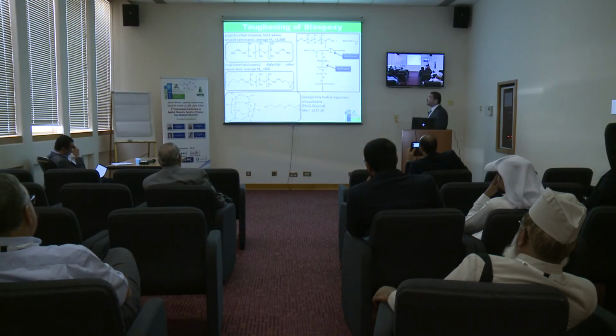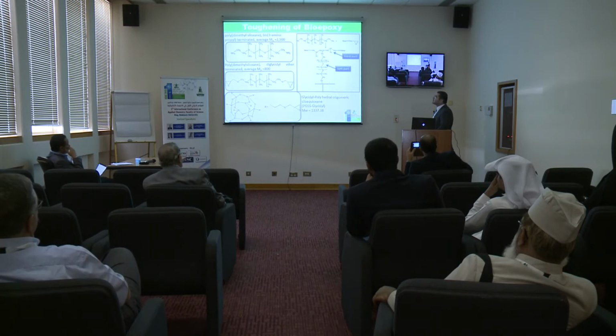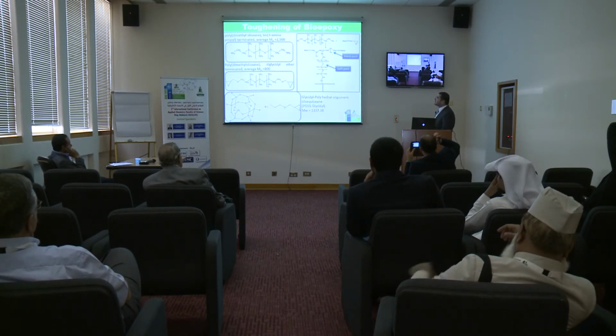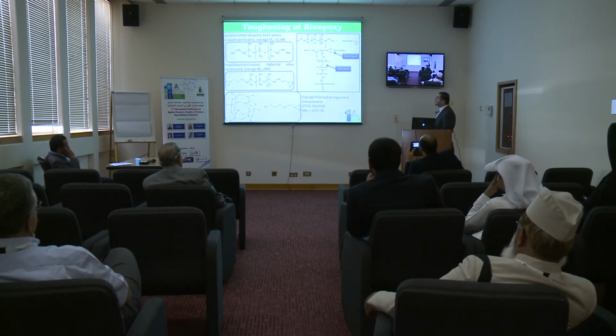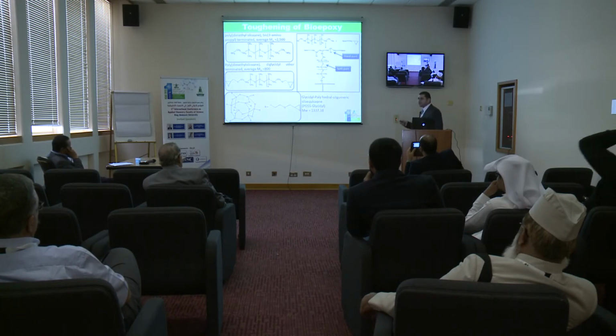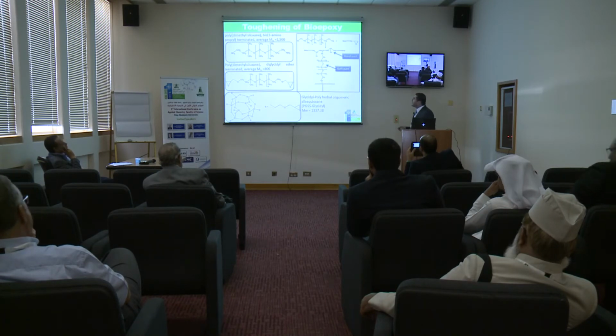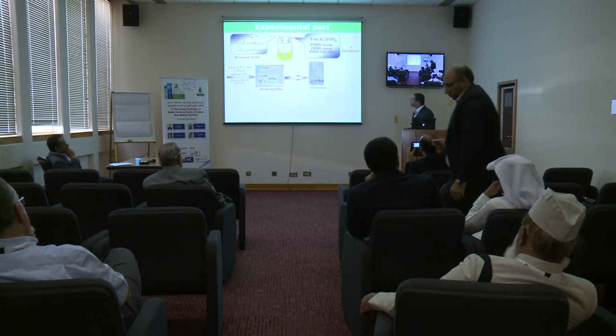So we used different types of siloxane: polydimethyl siloxane terminated with amine, polydimethyl siloxane terminated with epoxy group, and glycidyl polyhedral oligomeric silsesquioxane. We used around 5% of each and looked at what happened in the reaction with the bio-epoxy.